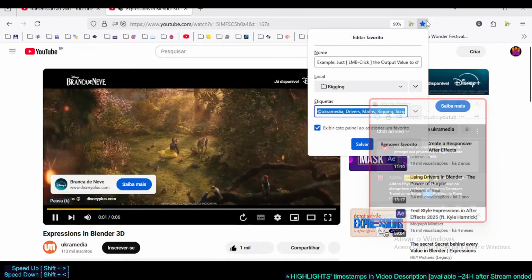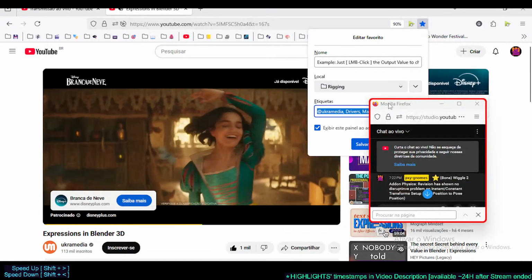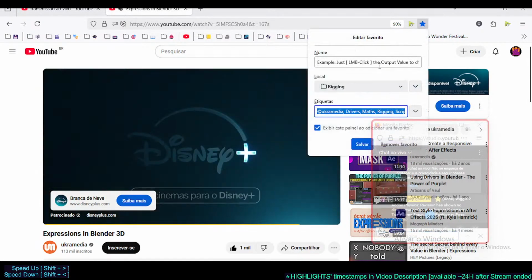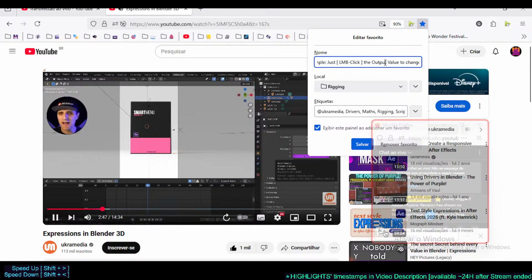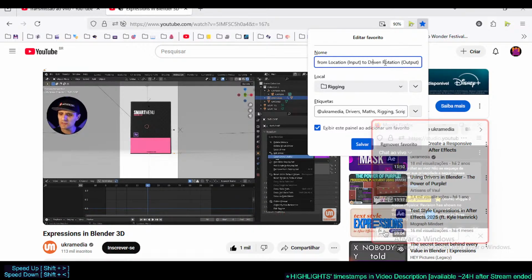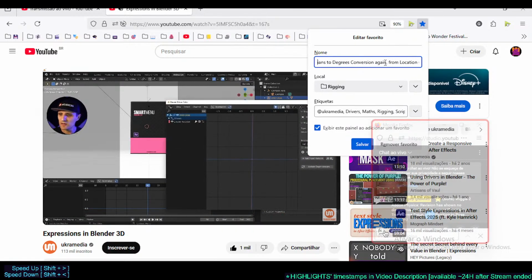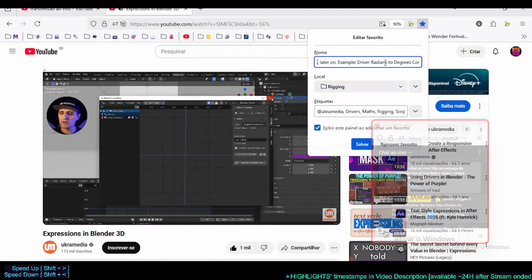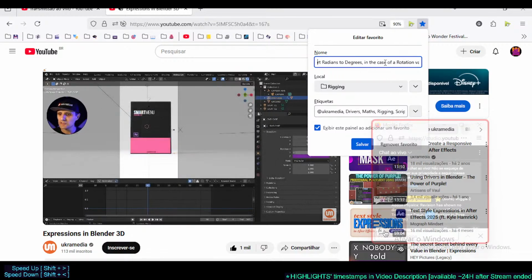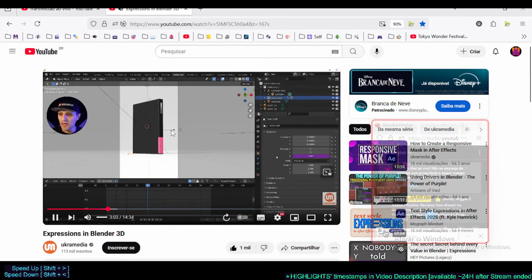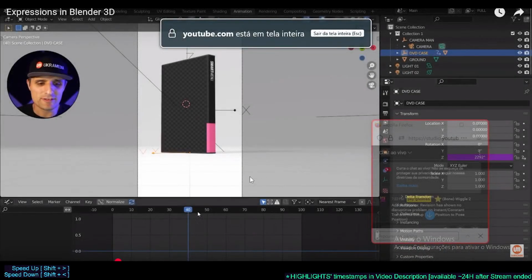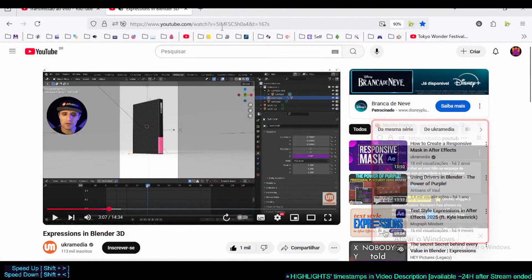What's the name of this? Drivers, math, rigging. Yeah, so there's something. Output value. Driver register. Radians frame. No, this doesn't seem right. No, this is probably not the case.